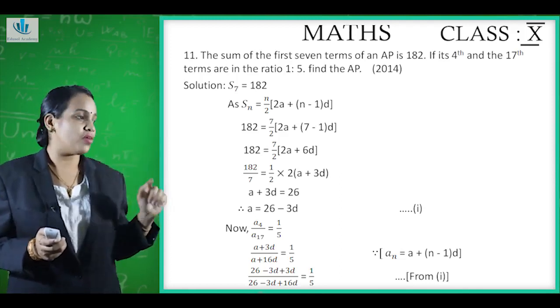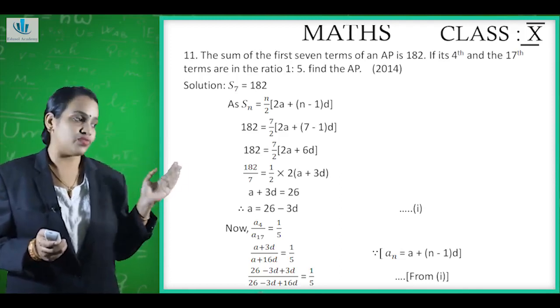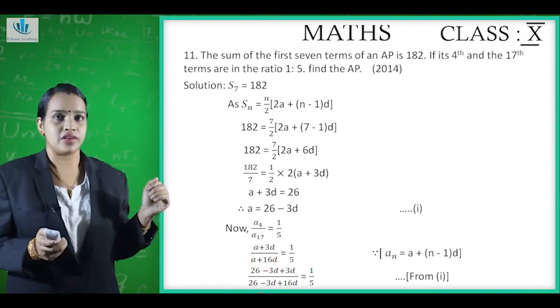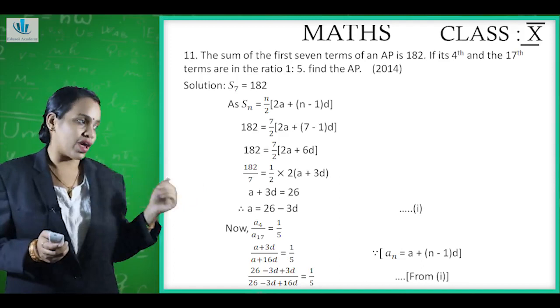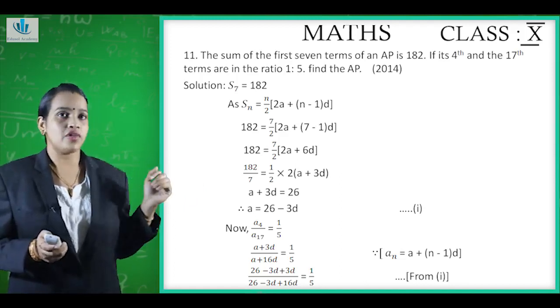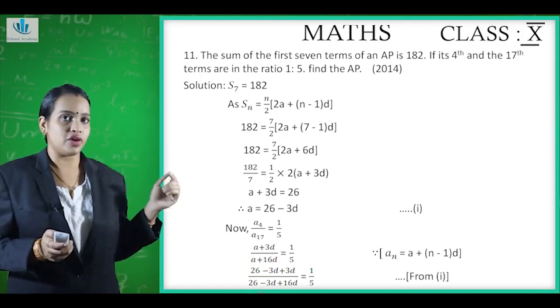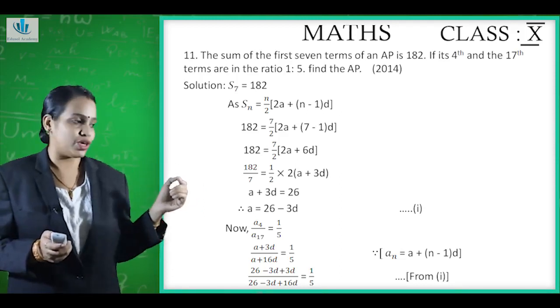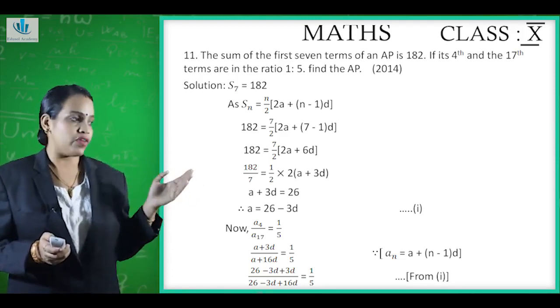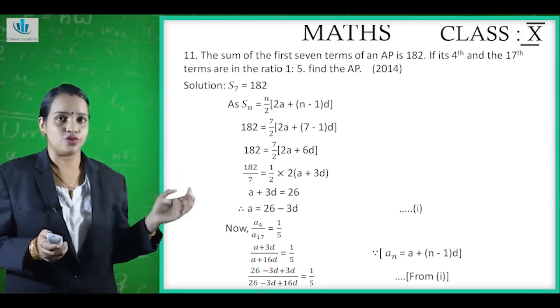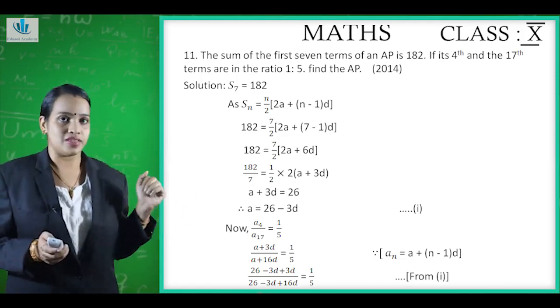Now the sum of first 7 terms is given as 182, and the ratio of 4th and 17th term is given as 1:5. Now we have to find the AP. Now S7 is equal to 182, that is given in the question. First 7 terms sum is equal to 182. Now we will put the formula Sn is equal to n upon 2 into 2a plus n minus 1 into d.